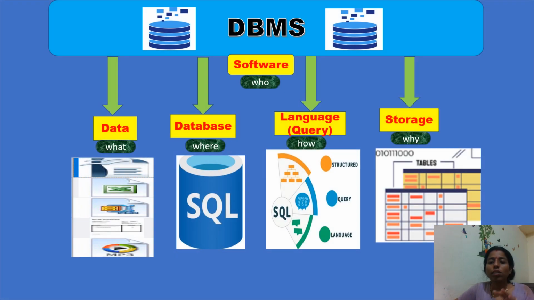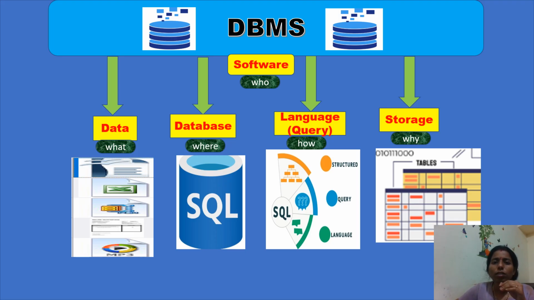Finally, here is the pictorial diagram. It says DBMS. On both sides I have kept the diagram, like the database structure, and all the data is going there. DBMS means database management system.